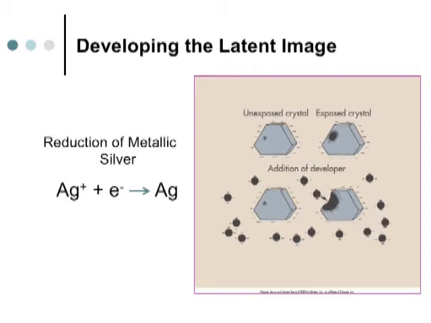When you get about 10 or 12 silver atoms or silver ions on a sensitivity speck, that speck becomes developable. So that speck, when I run it through a processor, will be black.